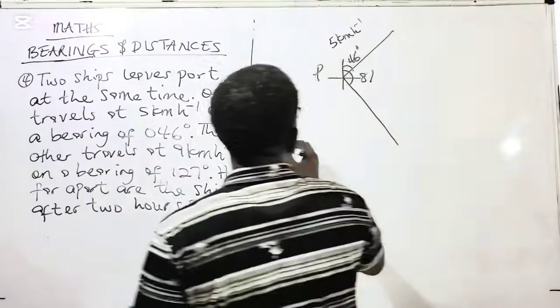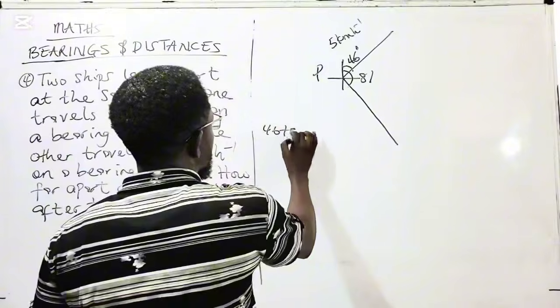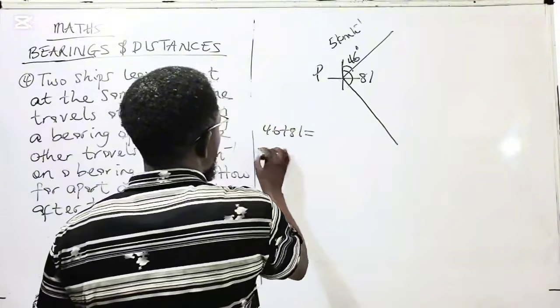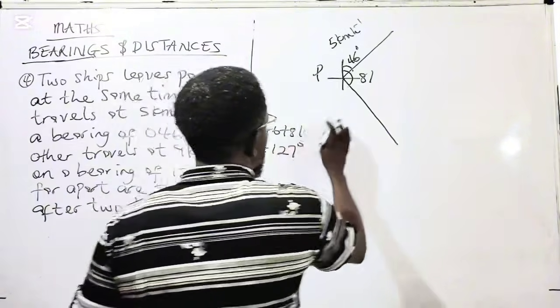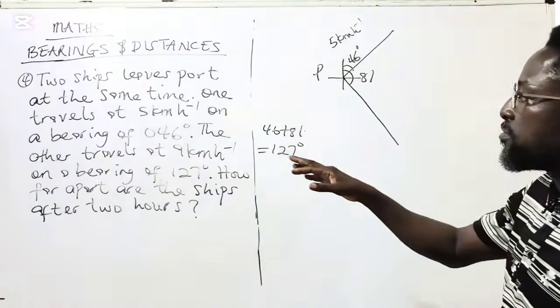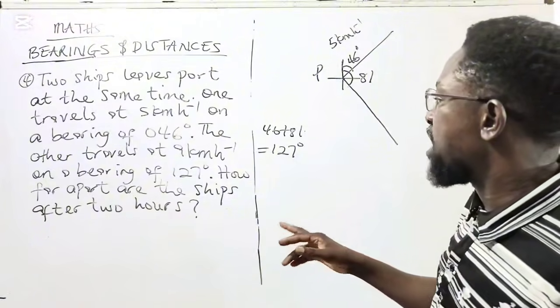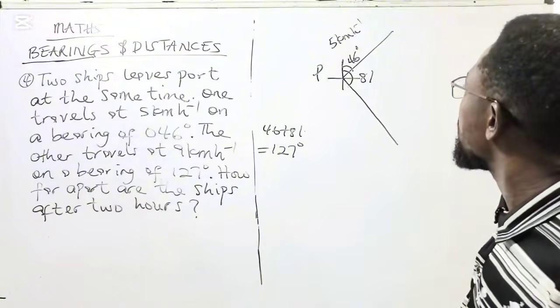That will be 46 plus 81, which is 127 degrees. Nine kilometers per hour on a bearing of 127. How far apart are the ships after 2 hours?